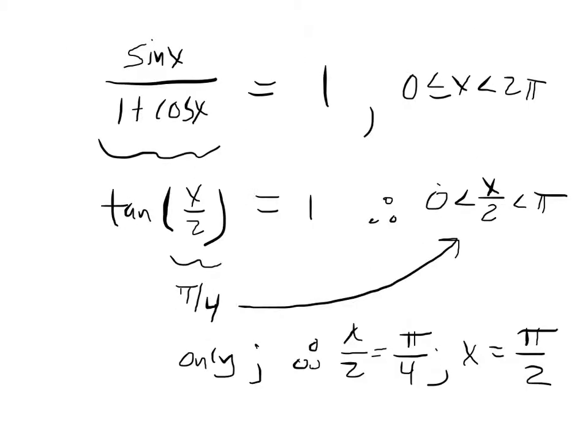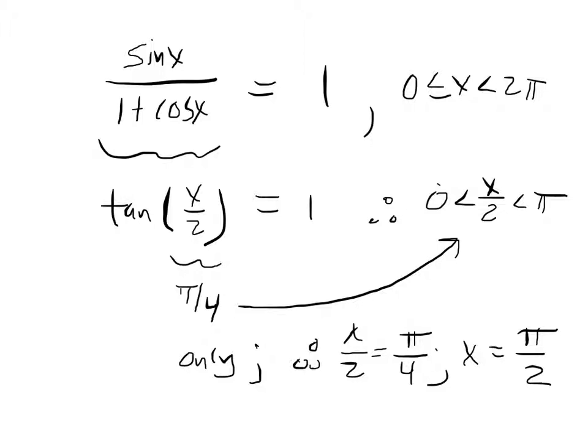So let's consider a problem here. We've got sine of x over 1 plus cosine x equals 1. We'll look at two ways to solve it. If I can recognize that's a half angle formula for tangent, I then know that I'm looking at tangent of x over 2 equals 1. I was asked to solve for x between 0 and 2 pi, so then x over 2 will be between 0 and pi.